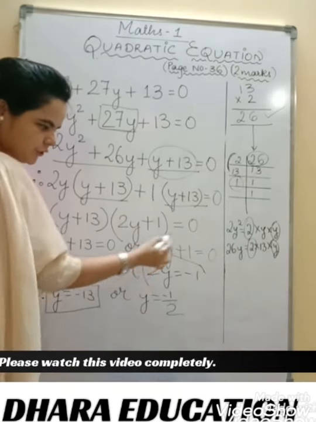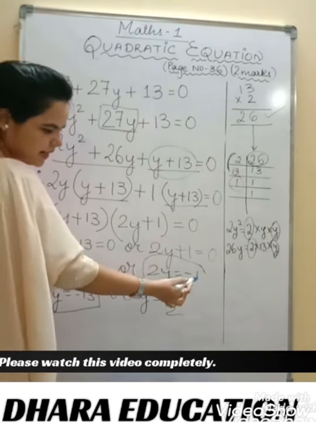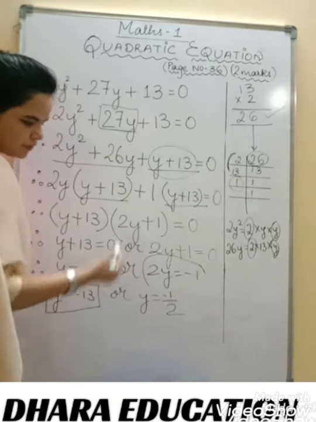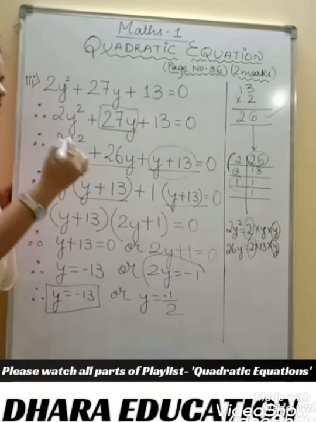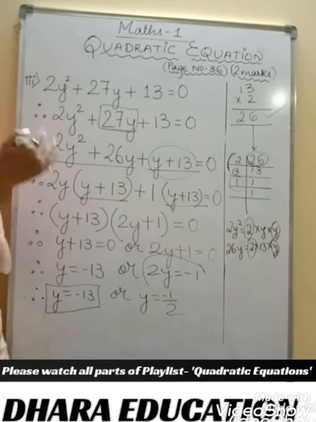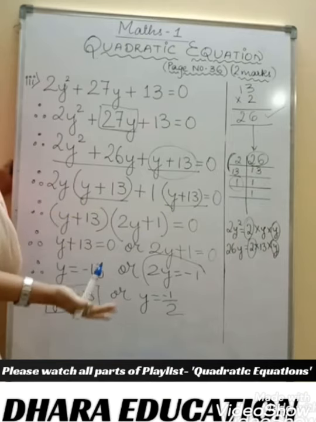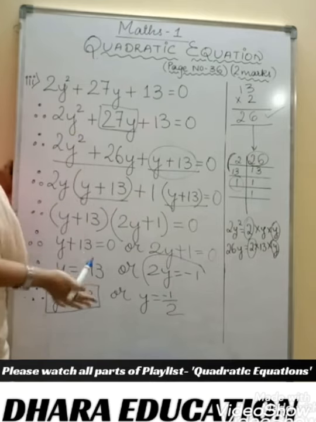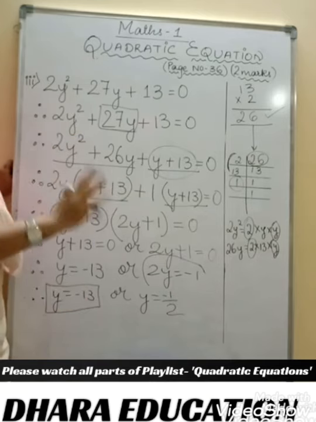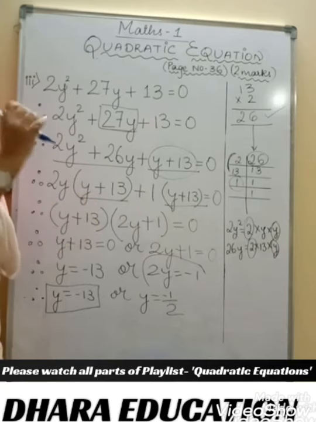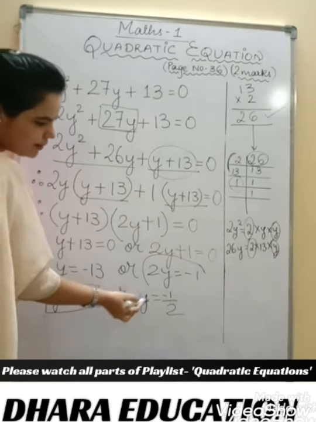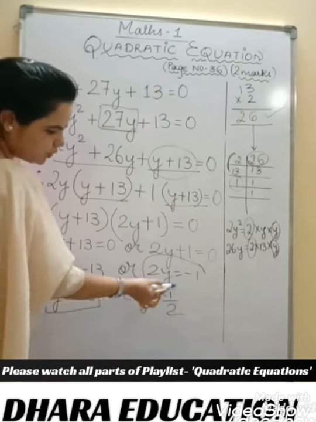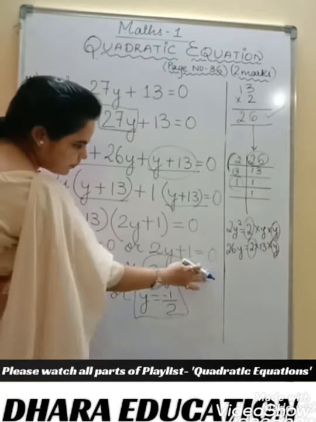So when it shifts from the left hand side to the right hand side, it acts as a division. As I told you in the previous lectures also, plus will become minus, minus will become plus, multiplication will become division and division will become multiplication. All of this you need to lock in your mind. So y is equal to minus 1 upon 2 is the other answer.